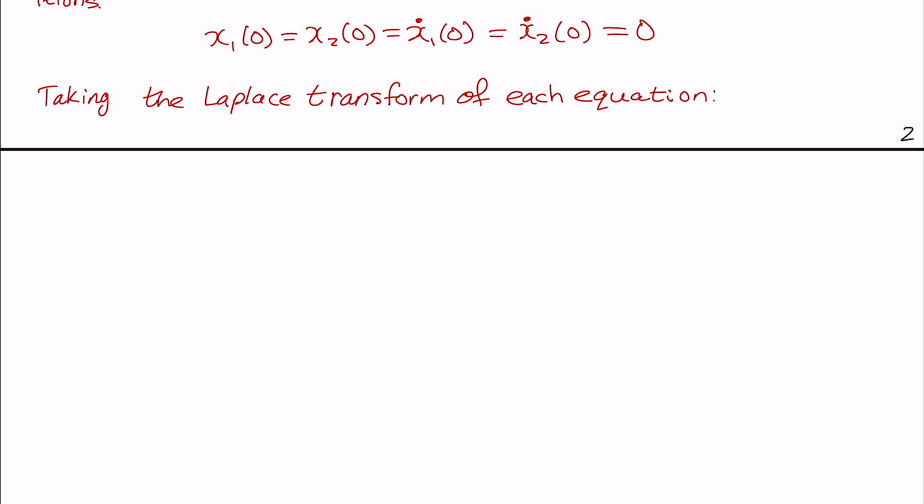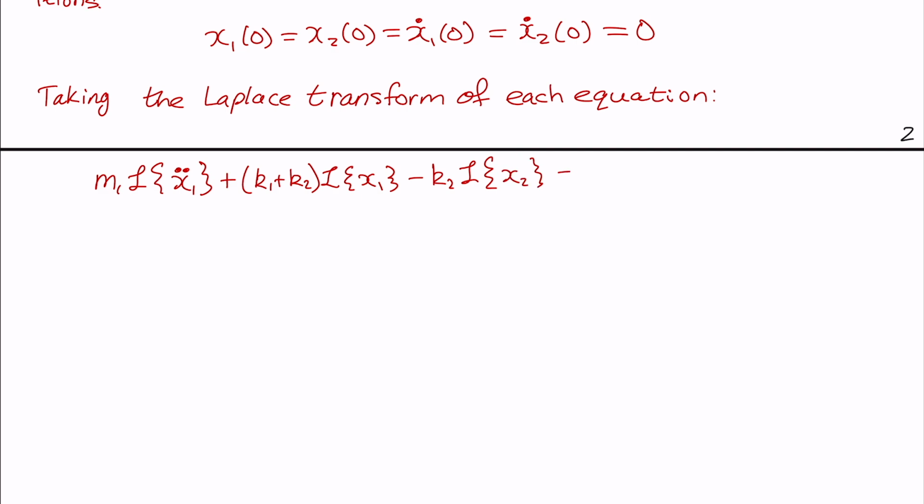We're going to get m1 times the Laplace transform of x1 double dot plus (k1 plus k2) times the Laplace transform of x1 minus k2 times the Laplace transform of x2 in this case, equal to the Laplace transform of f of t.